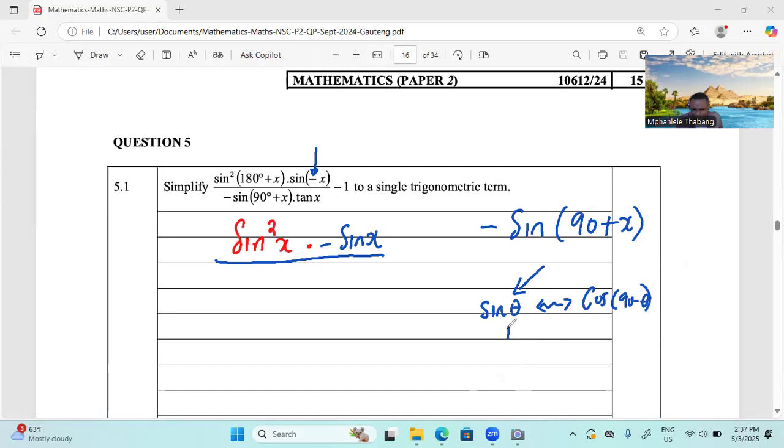I will actually explain what I've just written here. But for now, I just want you to know that sine has a core function, it's cos. And cos has a core function, it's sine. Now, we are still on the topic of reduction formula. We want to reduce our angle. So this 90 plus x is going to be reduced.